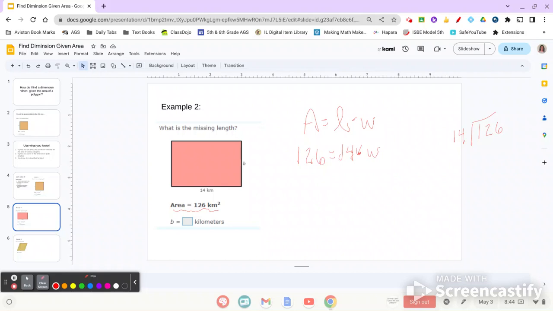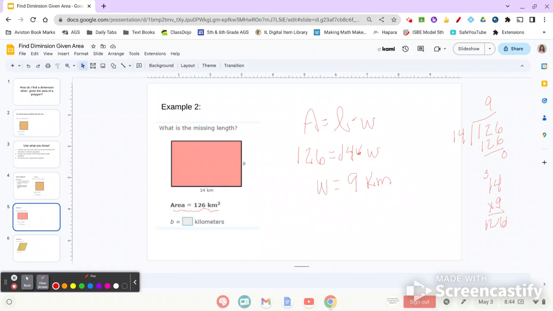We know that 14 times 10 is 140, so I'm going to guess 14 times 9 and check it out here to the side. Oh, and that gives us 126, so this would be 9. That tells us that 14 times 9 is 126. So to solve it, we'll just write W equals 9, and my label would be kilometers.